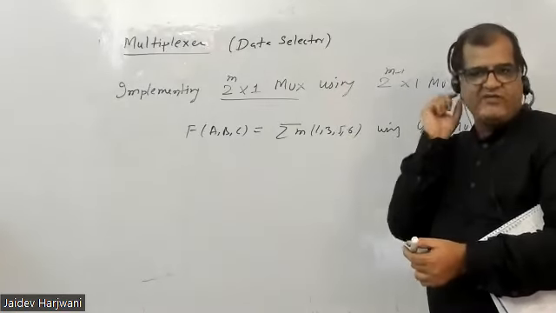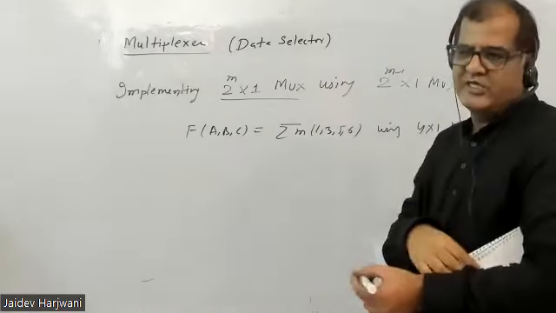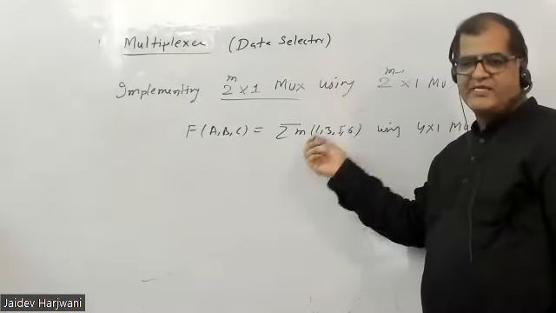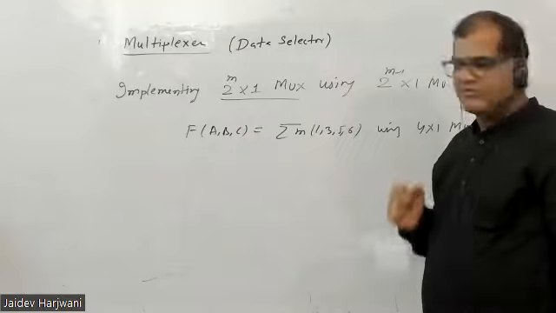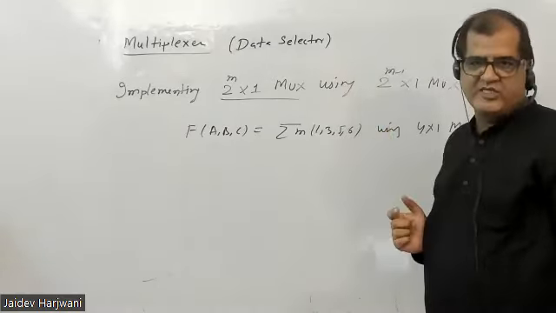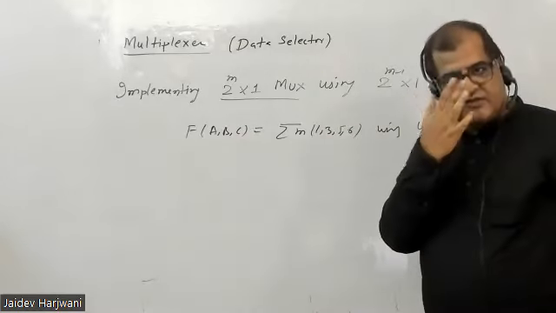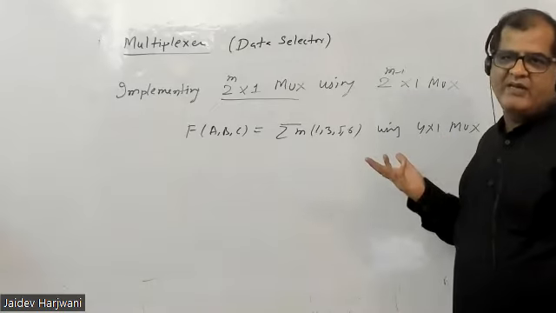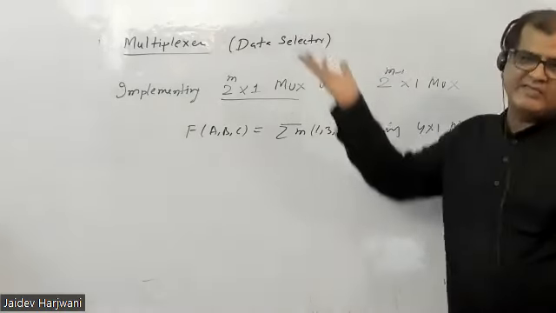Finally, we want the terms in the logic expression in the form of ABC. For 1 to be present, that means A bar B bar C should be present; for 3 to be present, that means 0 1 1, A bar B C should be present. So I need three variables, but this has only two select variables. So what will we do with the remaining one variable? We will send one variable into the input.